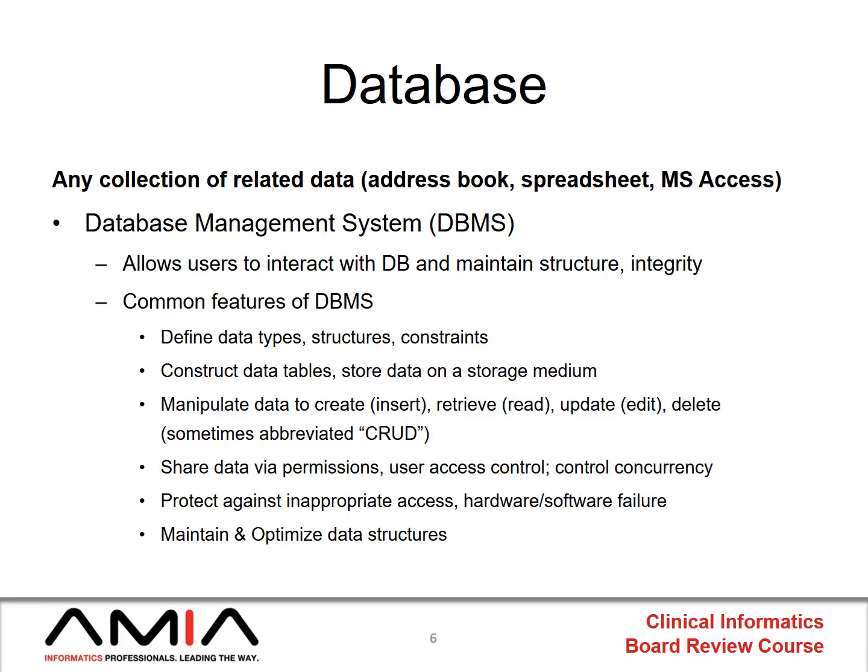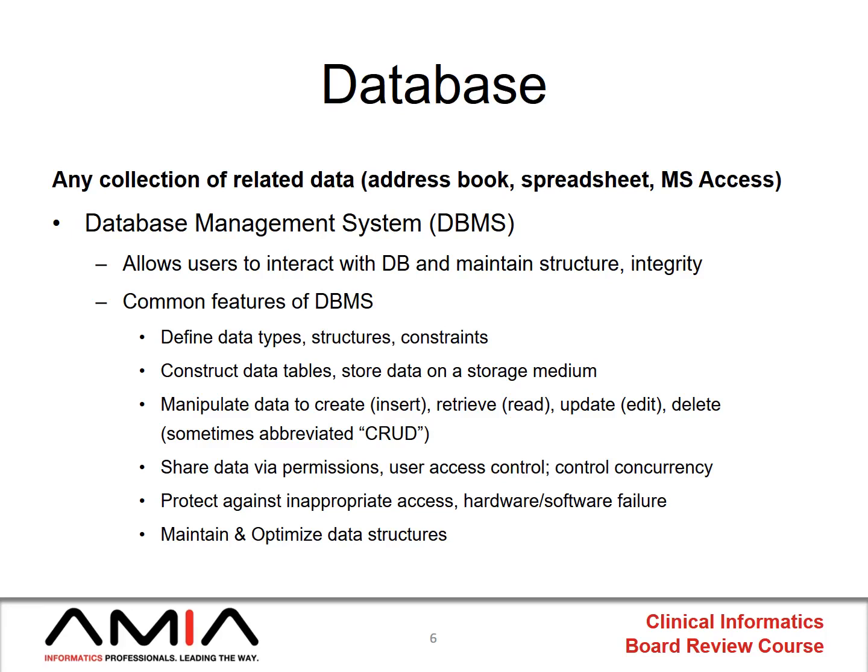They also should allow you to control concurrency. So if two people are querying the same data structure, or if they're submitting or updating data to the same structure, you need to have a way to make sure that there's no collisions and overwrites. Then you need to be able to protect against inappropriate access, so there has to be security overlaid on top of this.